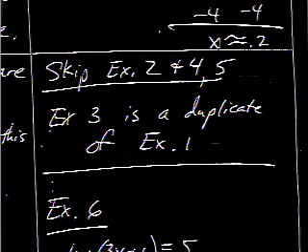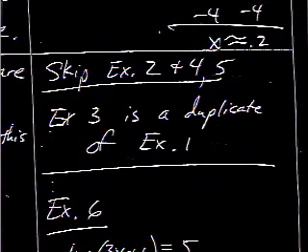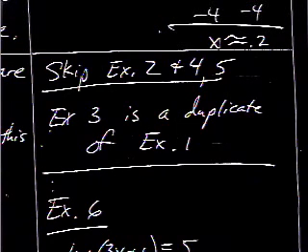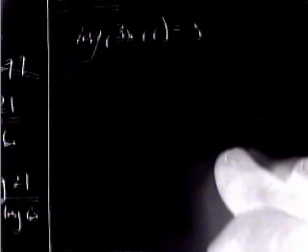Example 2 really isn't about a graphing calculator, but it's changing a base into another base, and I'm not sure I understand the purpose of that. We changed the base in order to get it into base 10 so we can use our calculator and solve, but I'm not sure there's a point in changing it into some other base that's not useful. So we won't be doing example 2.